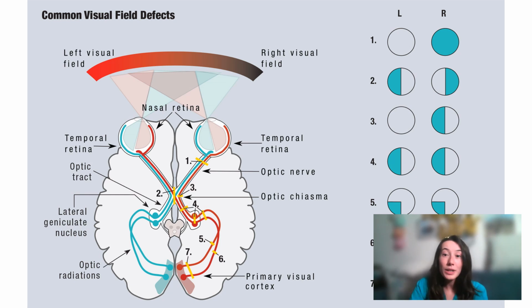Now, after we reach the LGN, so follow your way to the LGN, we end up sending information to the visual cortex that's in the back of the brain through these things called optic radiations. In this image in particular, you cannot see the optic radiations. Of course, I'm going to show some images later. However, understand that there is a superior and an inferior optic radiation.